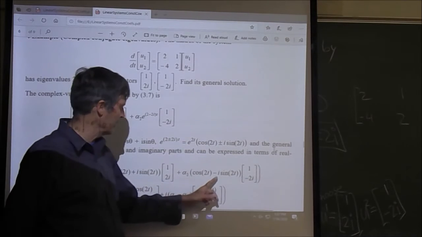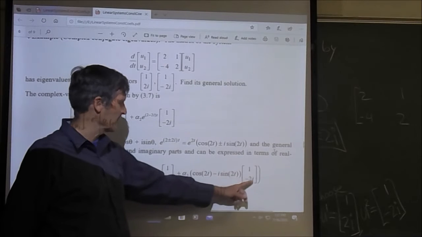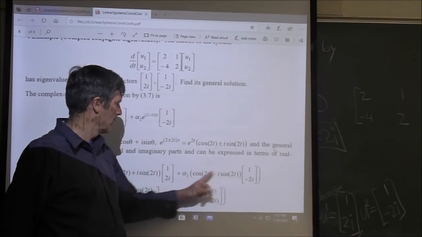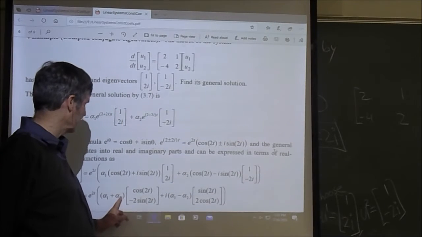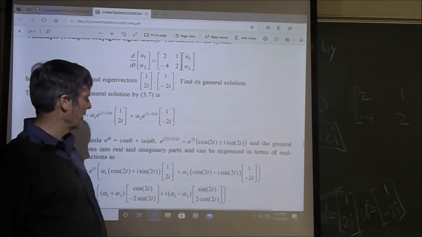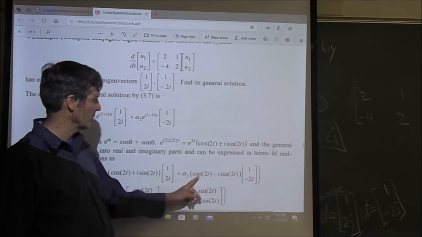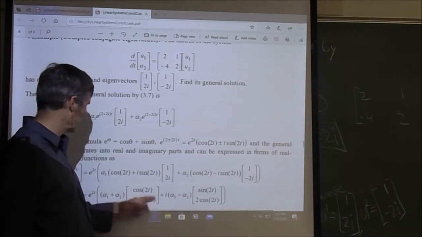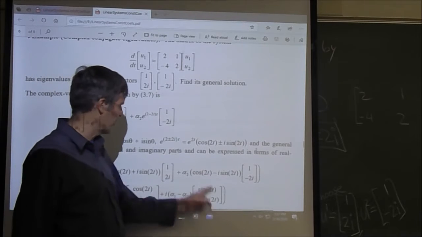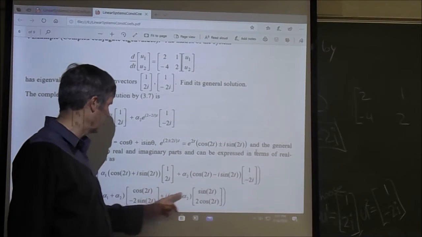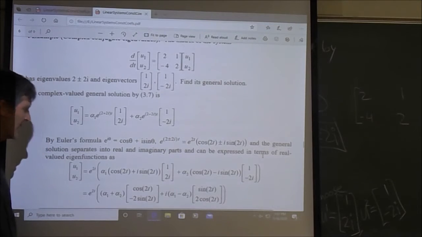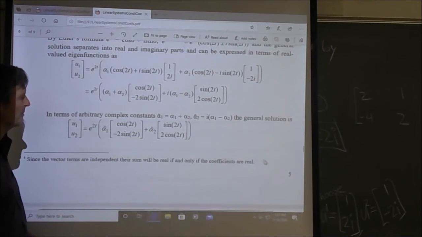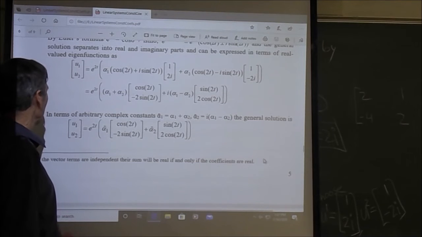And similarly, minus i times minus 2i is minus 2, multiplies alpha 2, so you get alpha 2 times minus 2 sine. And then the imaginary parts, if you take cosine with the 2i, or minus i sine with the 1. And you wind up with this real and this imaginary part. This is all the terms that include i, and this is all the terms that don't include i. Just quickly grouped there. Sometimes it takes a couple steps in between to check that carefully.